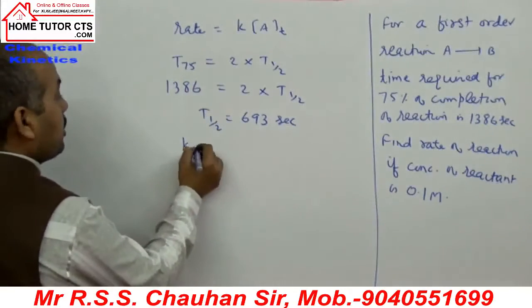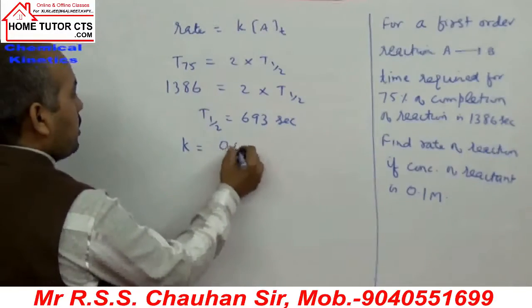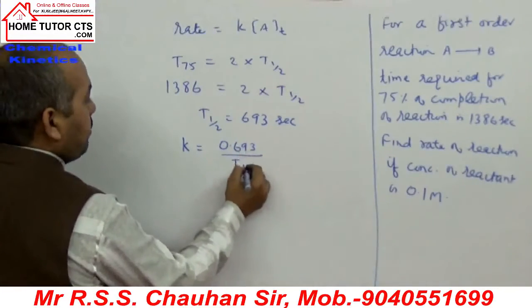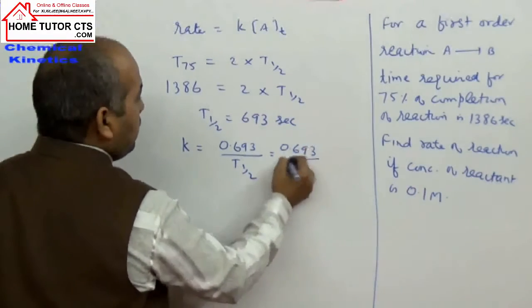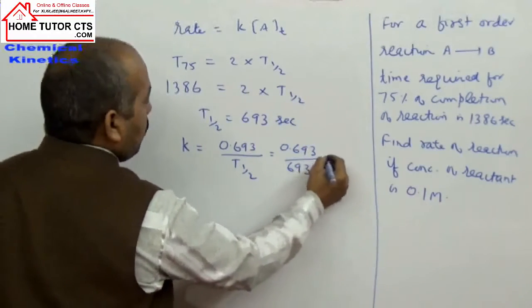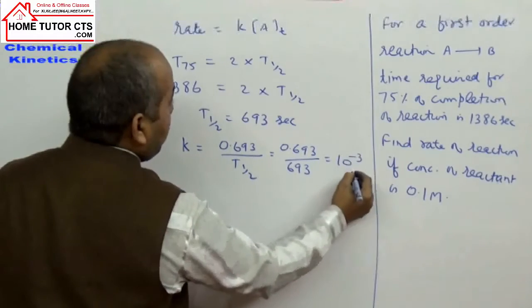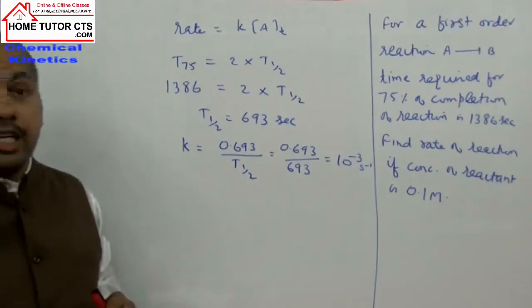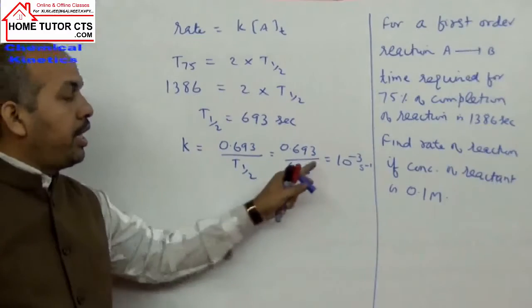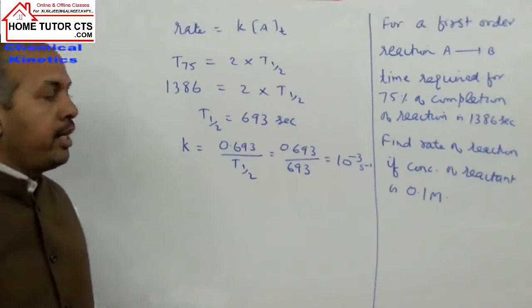Then for the reaction, what is the rate constant? 0.693 by T half. Put in the T half value: 0.693 by 693. What is K coming? 10 to the power minus 3 second inverse. The value of rate constant will be 10 to the power minus 3 second inverse.